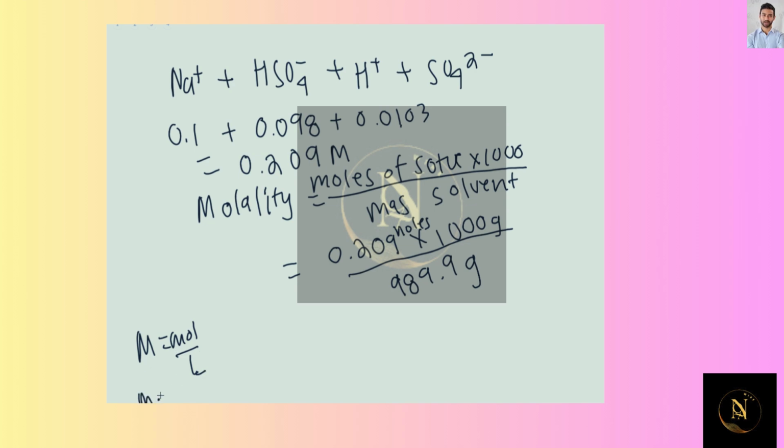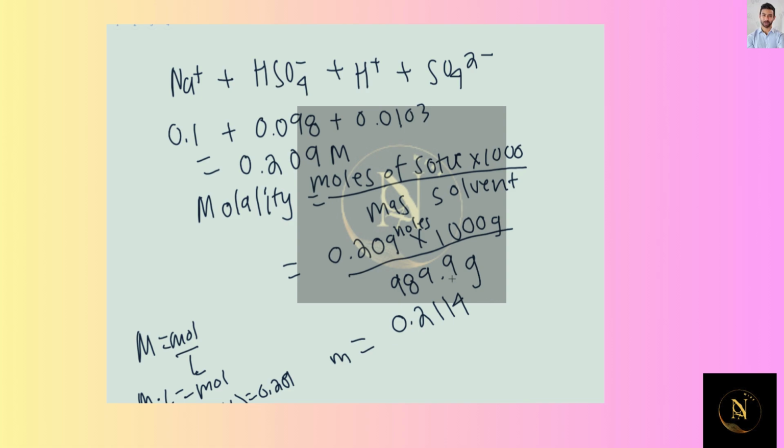When you do that, you get this same number. So now when we plug that into our calculator, we get our molality, which is a lowercase m, and we get 0.2114 for our molality.